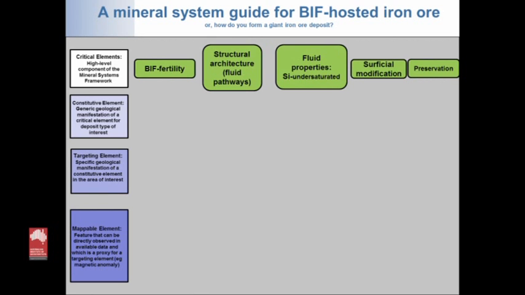But I'll preface that by mentioning BIF fertility. Not all BIF is created equal. We've heard that in terms of other commodities today. Structure is important in terms of thickening the BIF and putting fluids where we want them to be. But we don't want just any old fluid. It has to be silica undersaturated. There's no point pumping a silica-rich fluid through BIF.